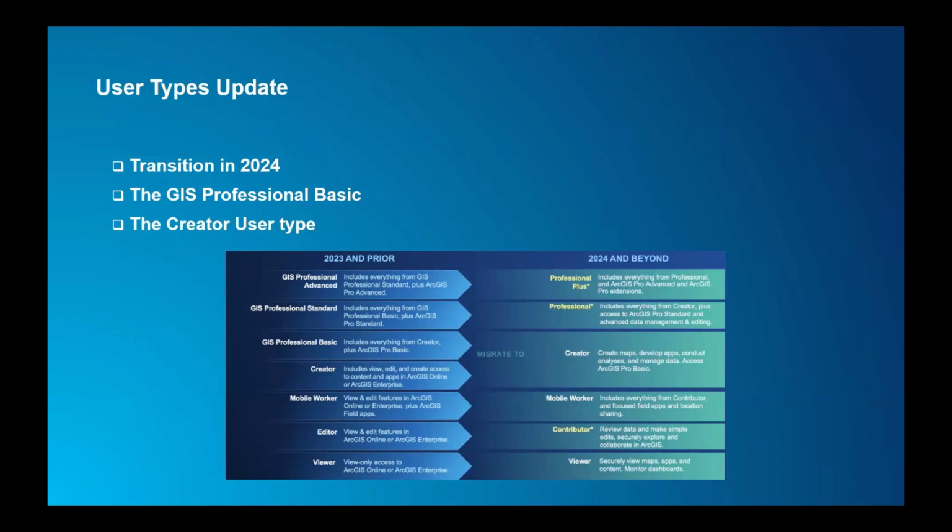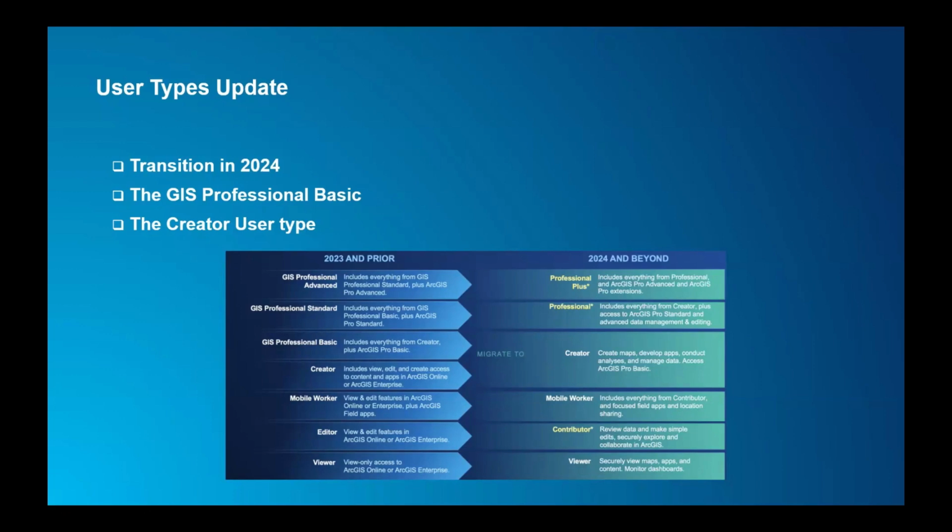And you'll find that the viewer has now been substituted with the contributor. That's one of the developments. And the creator now, you'll find that the capabilities of the GIS Professional Basic and the creator are just migrated and merged into what is just called the creator with that ArcGIS Pro Basic access.